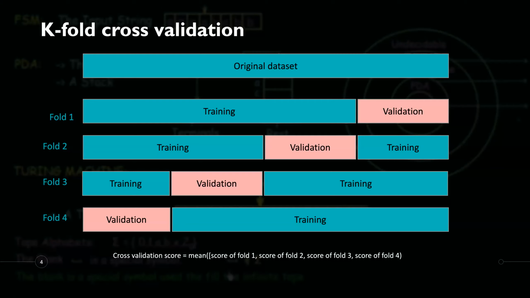So this is a very common way to perform the validation. But sometimes, let's say we are working with a classification problem, where the dependent variable we need to predict is categorical.